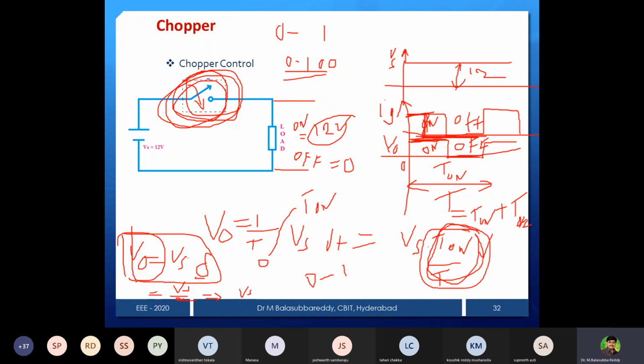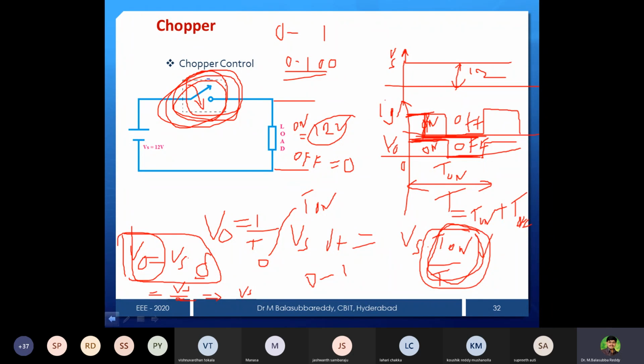That's it. So now when you compare to the previous ones, what are the previous ones? There is resistance control, motor generator setup, then AC link chopper. So compared to that, this one is very easy, with no power loss, because the switches are semiconductor switches.